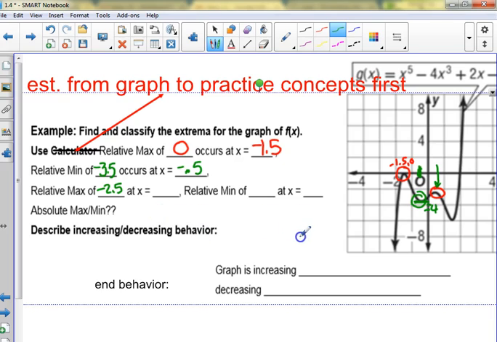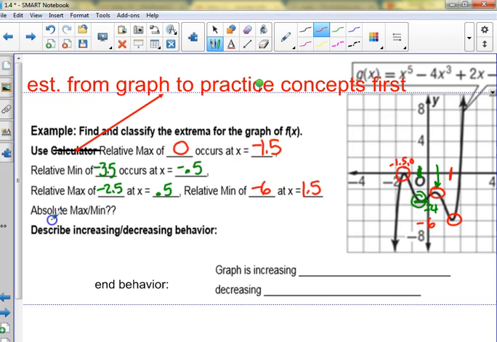Sure, I'm not going to be that picky, because we're going to use our calculator to find these eventually, right? And what is the X value where that appears? 0.5-ish. All right, and then there's a minimum back over here. And the Y looks like negative 6, is that right? At an X of, that's by ones, right? So 1.5. Oh, that was just mean.